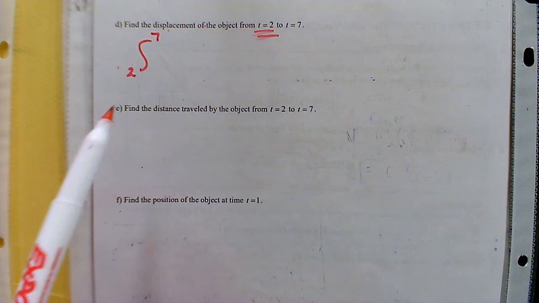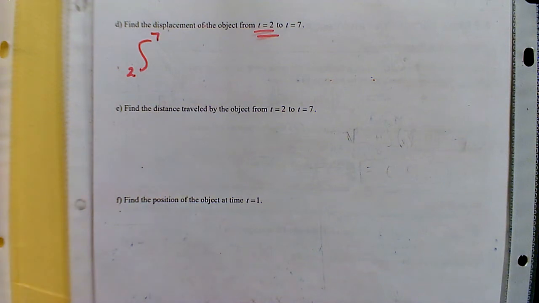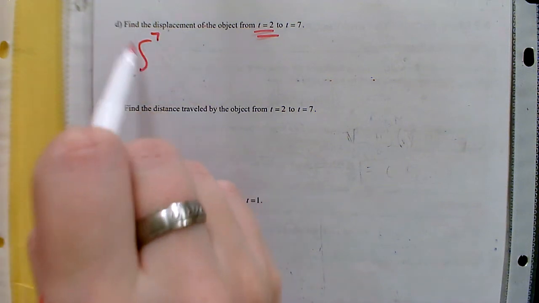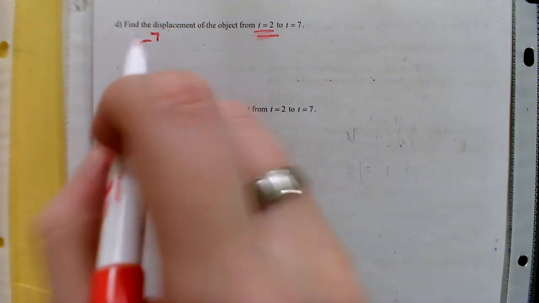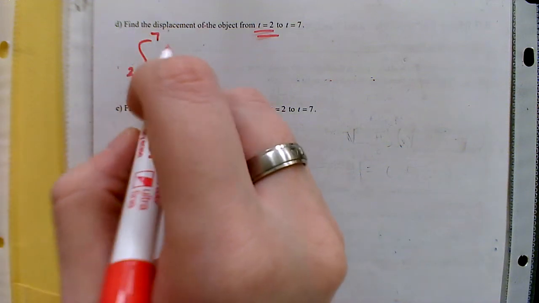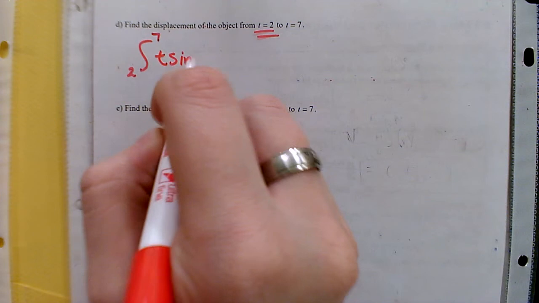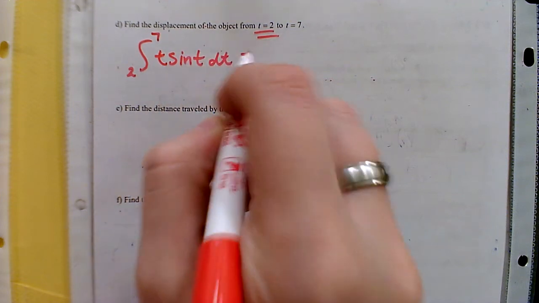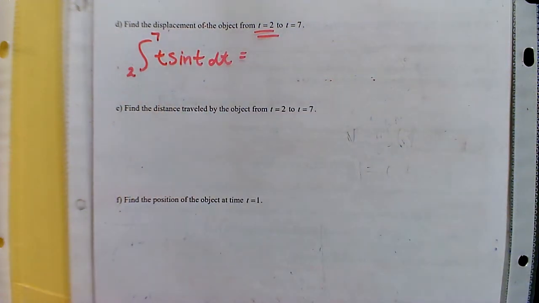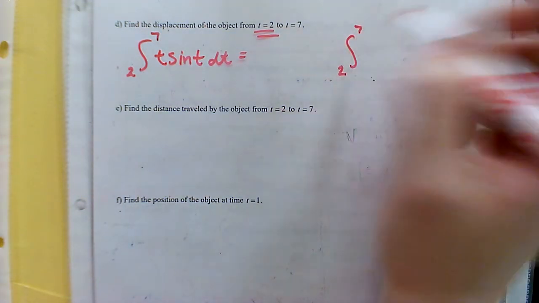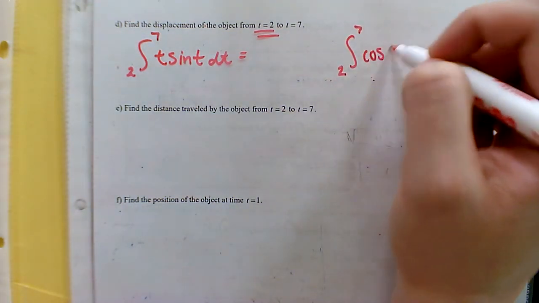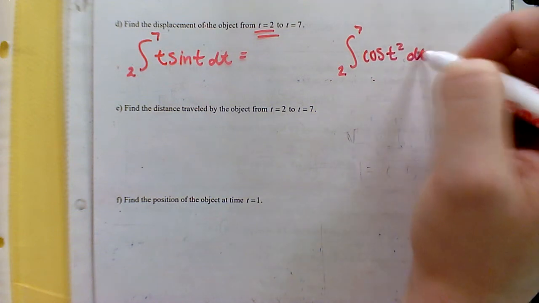Of the derivatives. Okay, so let's go ahead and figure out maybe the x displacement first. So we would have to integrate the derivative of x, or that velocity of the x coordinate. And what was that? t sine of t. Again, we have our calculator, so we can go ahead and type that in. And then we'll do the same thing for the y velocity, cosine of t squared.